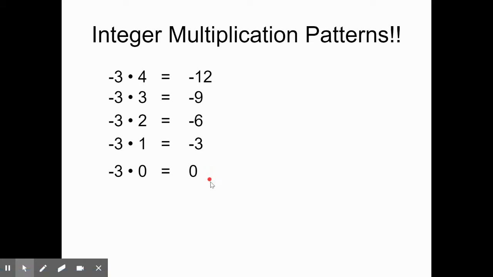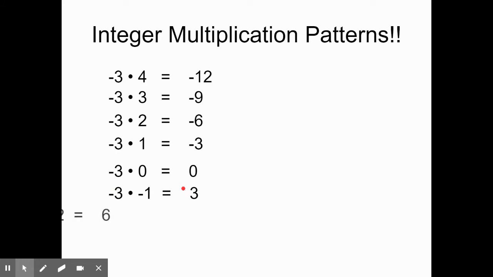So then 0 plus 3 would mean that I would have a 3 here. And as these are going down by 1, the next number in the factors would be a negative 1. So now I have negative 3 times negative 1 is a positive 3. A negative times a negative is a positive.